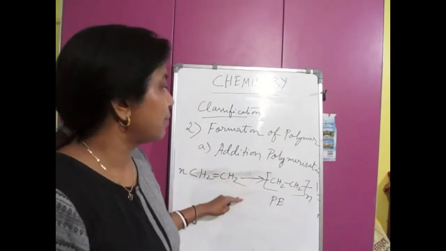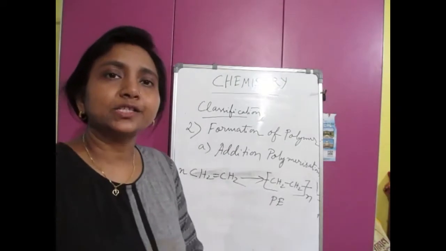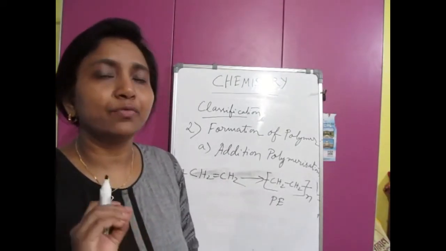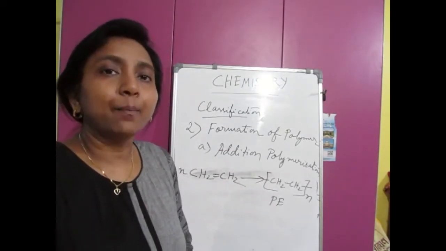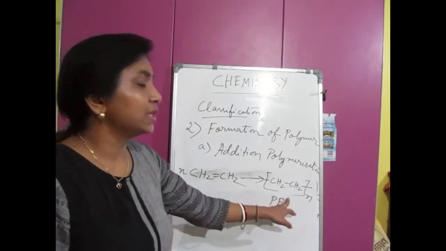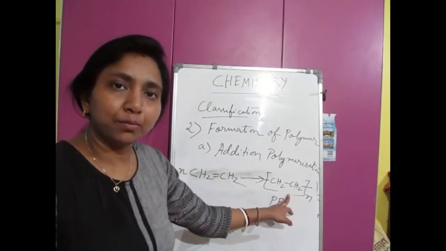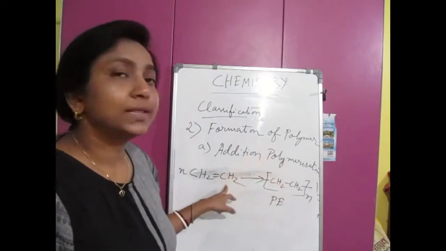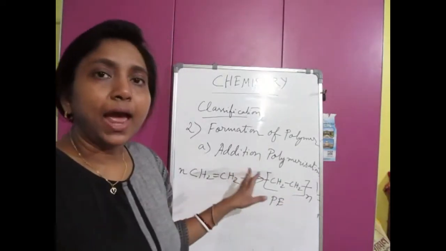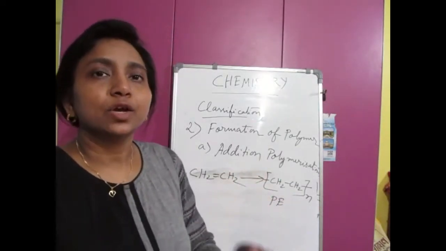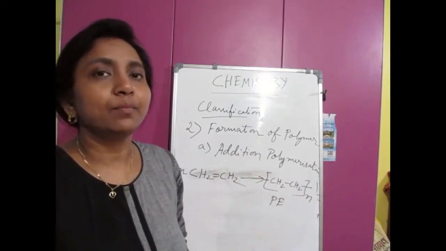So in this type of polymerization there is only a single type of monomer. And after the polymerization the empirical formula is the same as the monomer. And number three, there is no loss of any molecules.